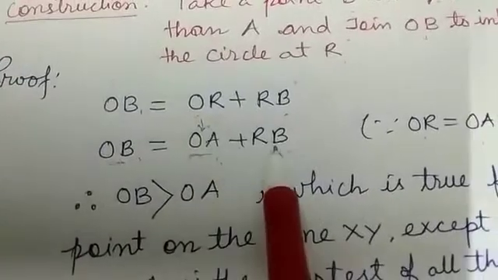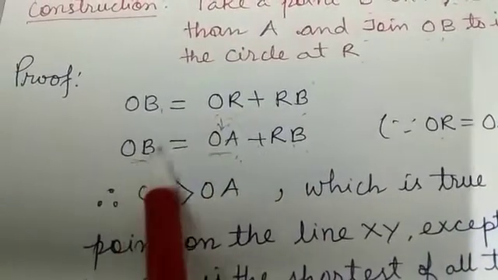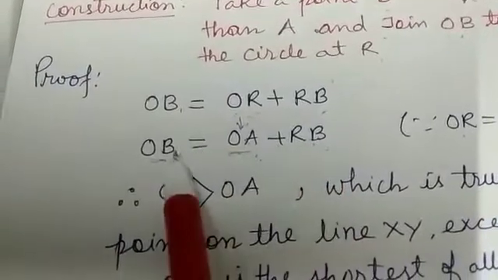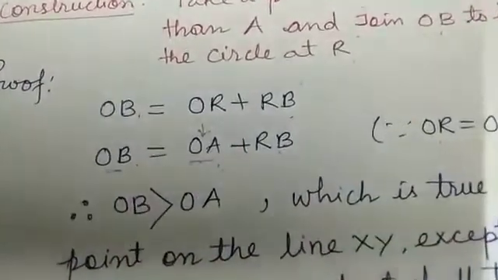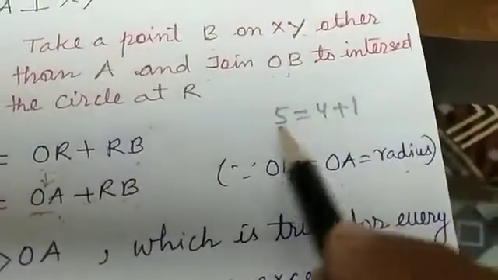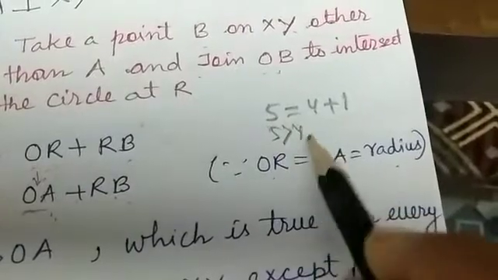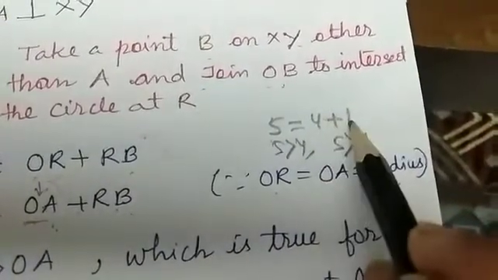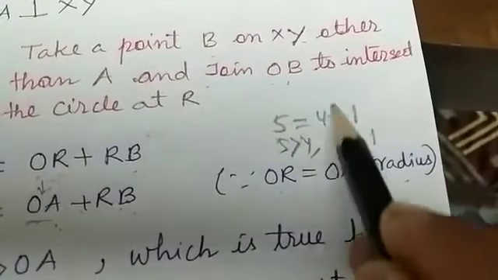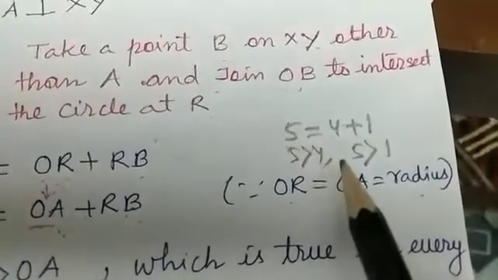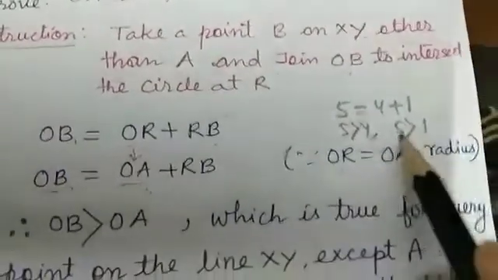The sum of two parts is equal to the whole, which means each part is always smaller than the whole. As an example, suppose 5 equals 4 plus 1. Then 5 is always bigger than 4, as well as bigger than 1, because both are parts of 5. The part of a whole is always smaller than the whole. That was Euclid's postulate we learned in class 9.